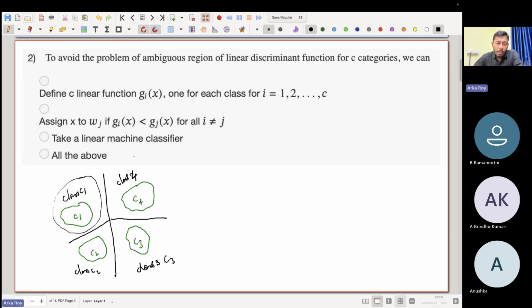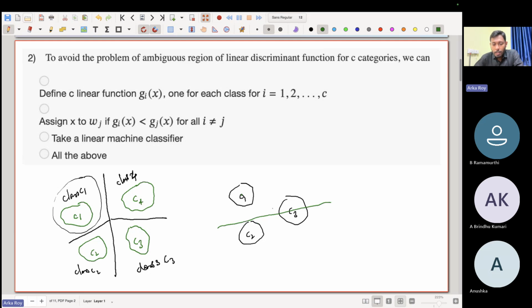Over here, you could have chosen some sort of representation like this. Let's say you have a class C1, class C2, and class C3. If you choose your discriminant function to be just like this, you can see that there are certain ambiguous regions available.